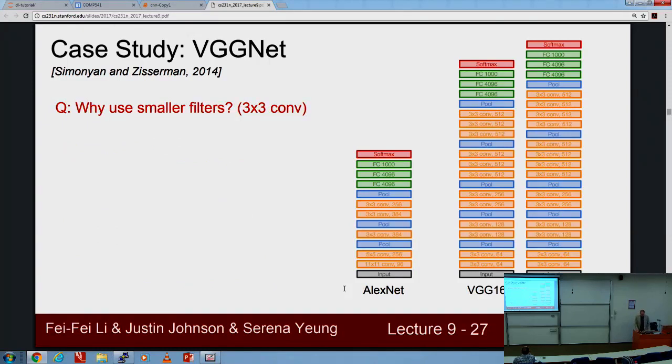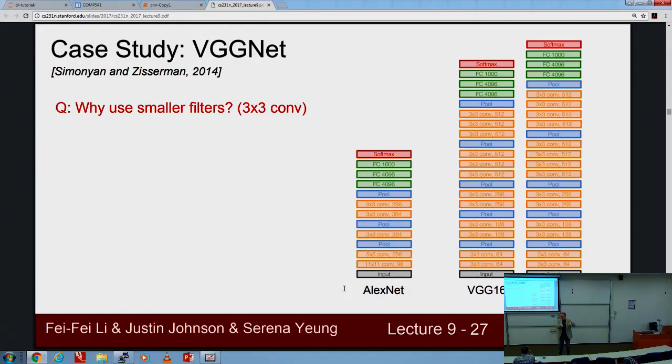Now, let's think about the smaller filters and their receptive fields. Let's compare a 7 by 7 filter applied to the original image with a couple of layers of 3 by 3 filters applied to the same image. The receptive field of one 7 by 7 filter in the first layer is obviously 7 by 7.